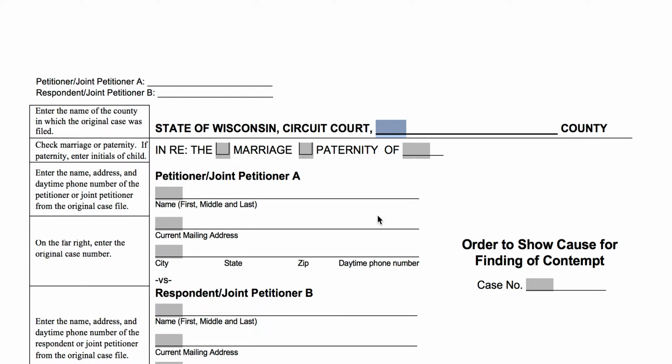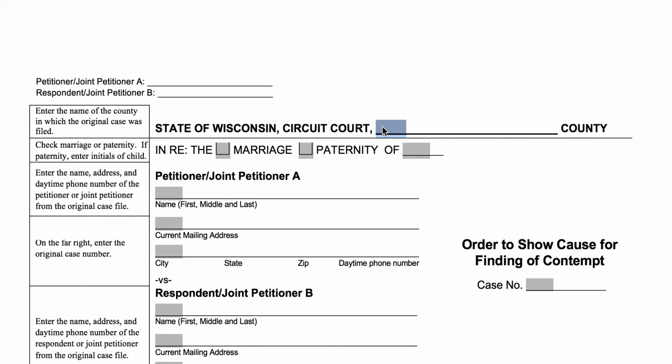You do need to have an order, and you do need to have some evidence or something that you can present to the court, whether it be testimony or evidence, that indicates that the other person is intentionally not following that order. So if you have questions about what evidence might be required, what you would need to show in court, again, you can get legal advice about that. But now let's jump into the form.